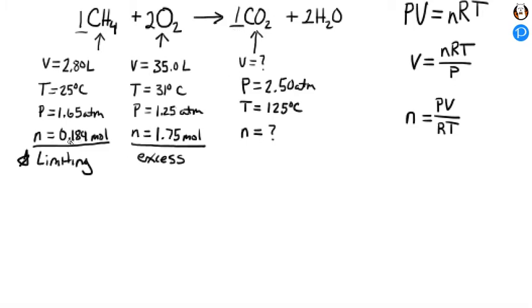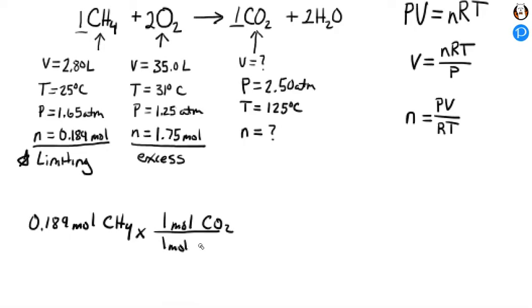But we'll write it out anyway just to make sure. So if I have 0.189 moles of CH4 and I convert that into moles of CO2, it's a 1-to-1 ratio, so 1 mole of CO2 for every 1 mole of CH4. Which means I'm going to have the same amount, 0.189 moles of CO2. Okay, so now I know this is 0.189 moles.